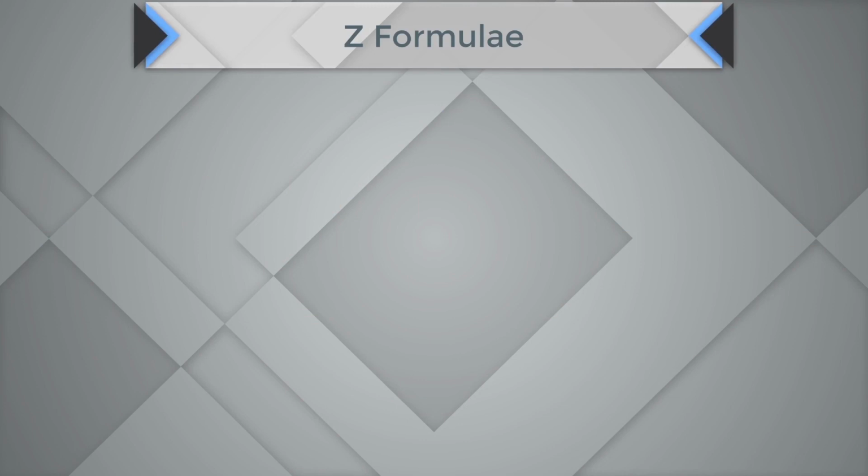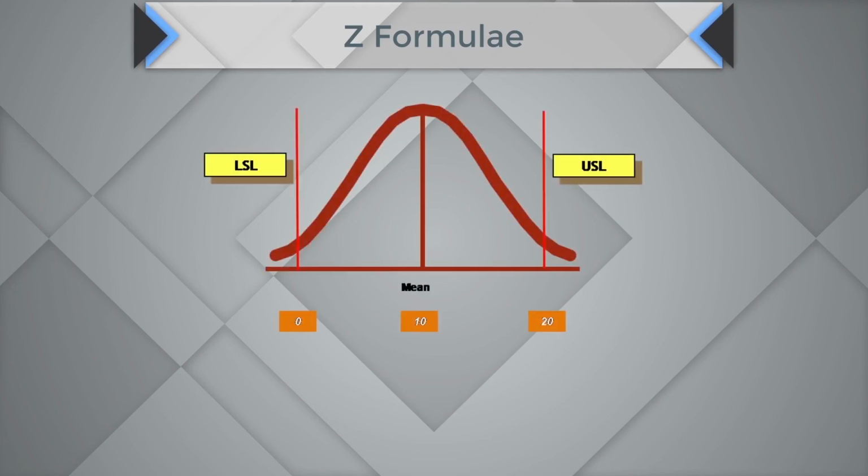If I were to understand this using a formula, same mean at 10, lower specification limit at 0, upper specification limit at 20, and standard deviation at 5.